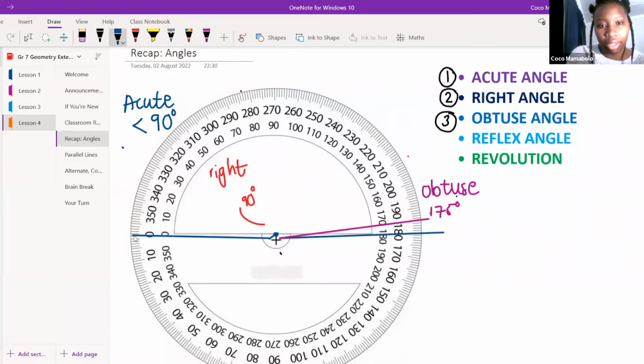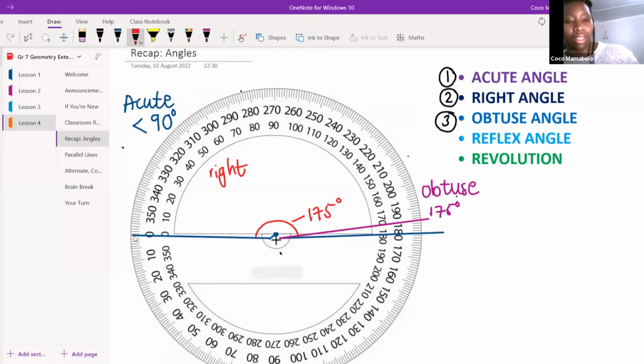There we go. So the actual angle that we're looking at from here all the way to there, that's 175 degrees. Thank you, Teacher Kat. I didn't even think of that. Okay, this is 175 degrees, that whole thing there. Thank you, Teacher Kat. I hadn't seen that, but thanks for that.